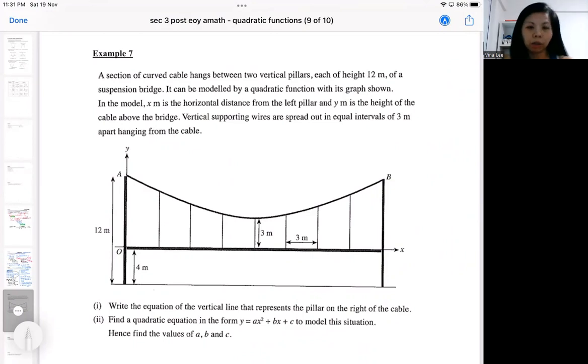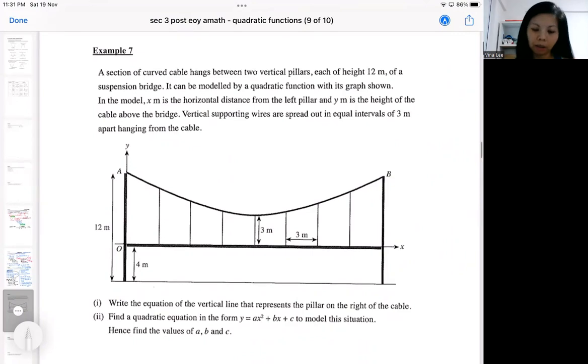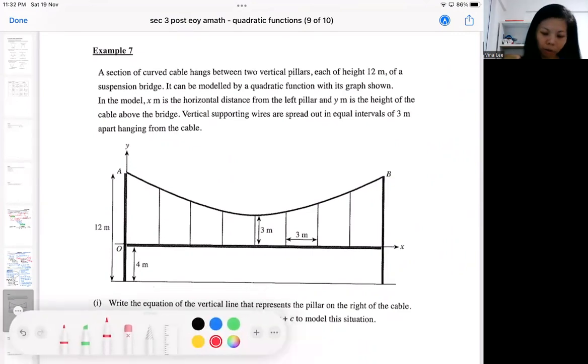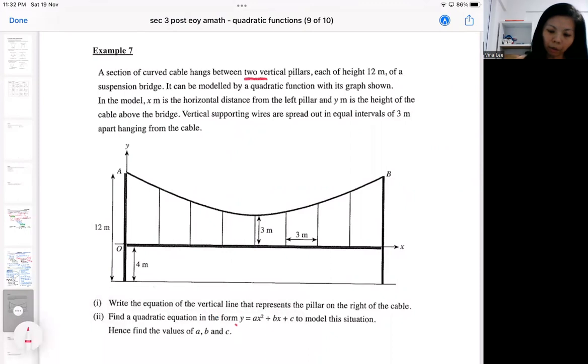So if you read the question, we've got two vertical pillars. In case you couldn't see where the vertical pillars are, these two are the vertical pillars. Each of them is 12 meters tall.